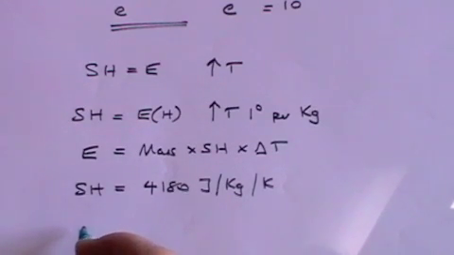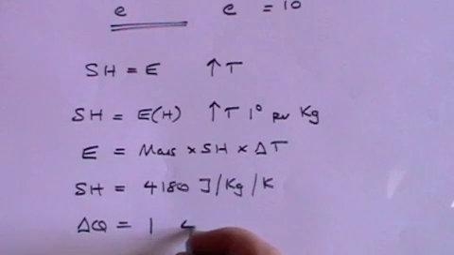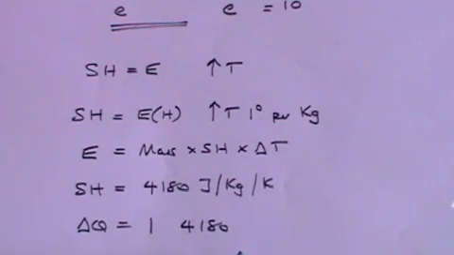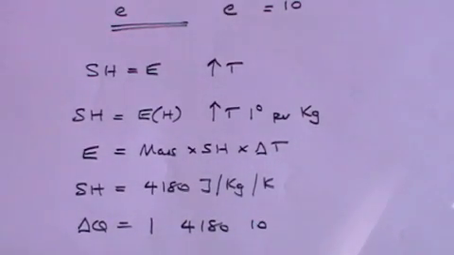In other words, the total energy or the total heat that you need to put in is the mass, which is 1 kilogram, times the specific heat, which is 4180, times the temperature change, which is 10. So you'd need to put in 41,800 joules of energy or heat in order to raise 1 kilogram of water through 10 degrees. Now that's the specific heat needed to take a product and increase its temperature without changing its state.